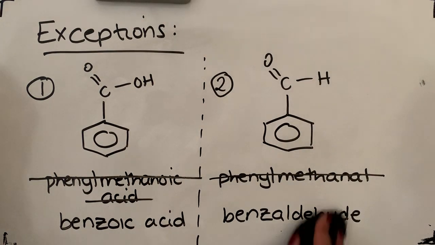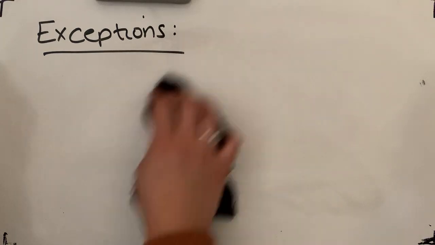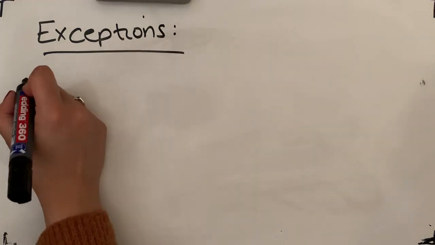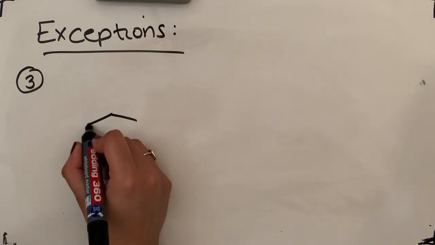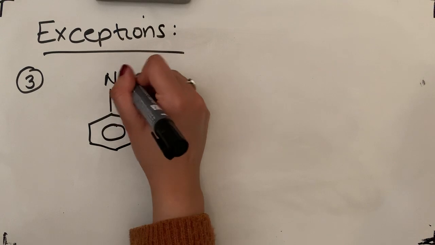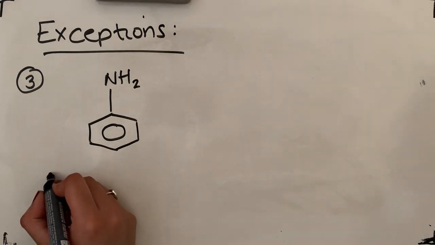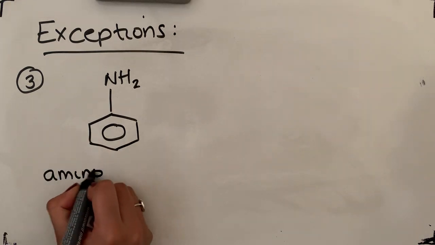I'm just going to cover exception number 3. So exception number 3 is this one here. This over here is an amine group. Usually when we have an amine group, we give it the prefix amino, and therefore you would assume this is called aminobenzene.